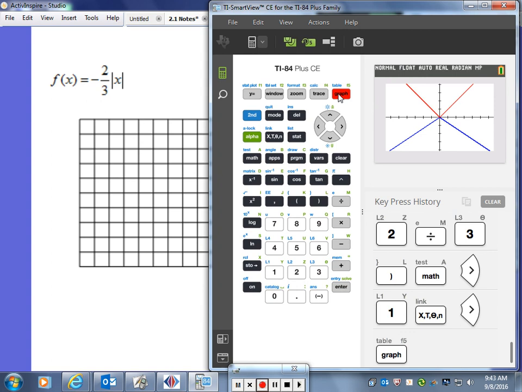And here goes our graph. Look, it is two things. It's actually flipped downwards. The blue graph is flipped downwards, and that's what the negative did for us. And if you compare them also in terms of their width, you can tell that the blue graph is wider than the original graph was.